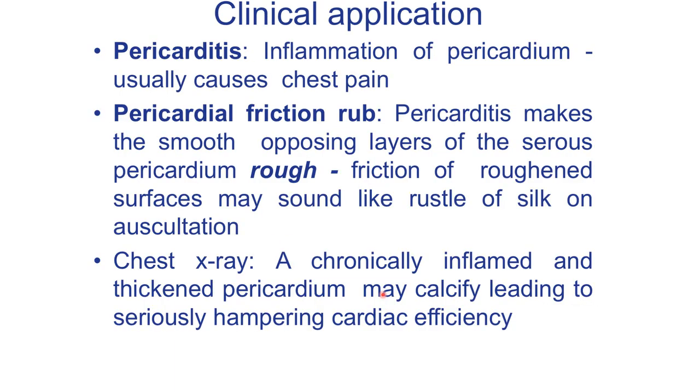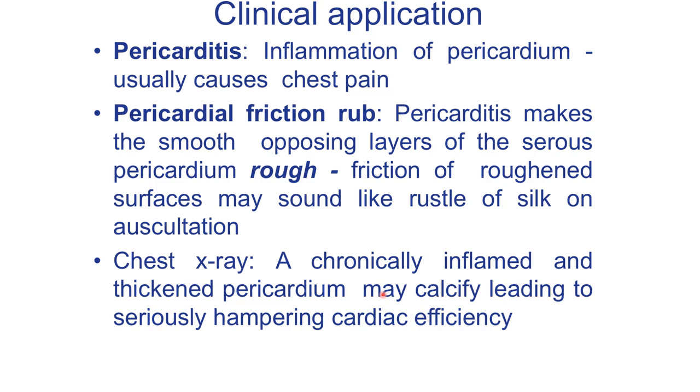But again, in some conditions, these two layers that we've just discussed become infected and inflamed, and that condition is called pericarditis. There are a lot of clinical signs associated with that. If these two layers, the parietal and the visceral pericardium, are inflamed, they become swollen, and when they are swollen, they can rub against each other and produce an added sound called the pericardial friction rub.